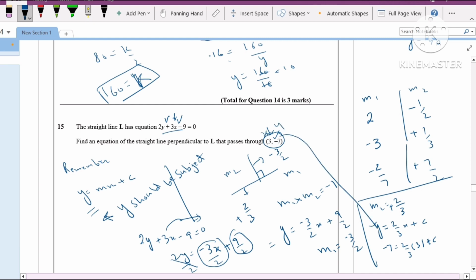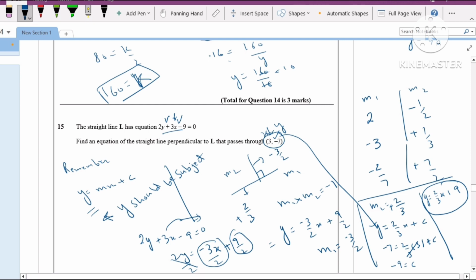So this will be cancelled out, plus 2 will be minus 2, minus 7 minus 2, that is minus 9. So this is the value of c. So I write the equation: y is equal to 2 over 3 x, and c is minus 9. Okay, so this is the equation he is looking for.